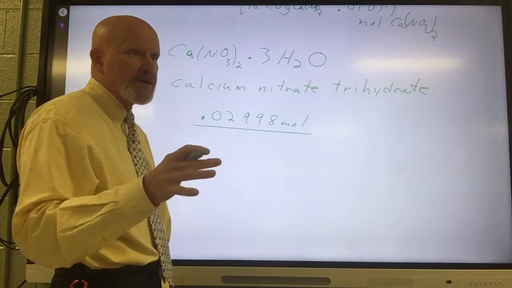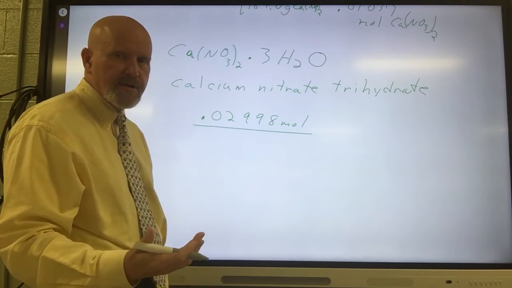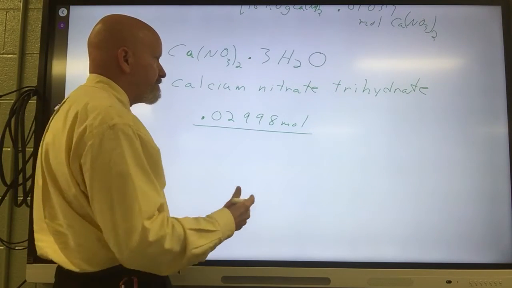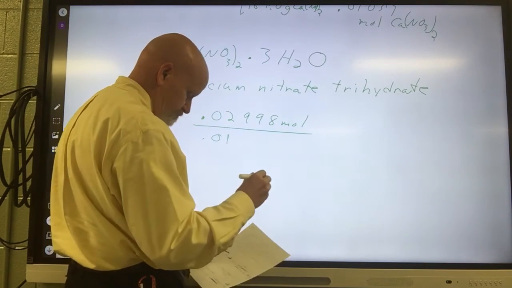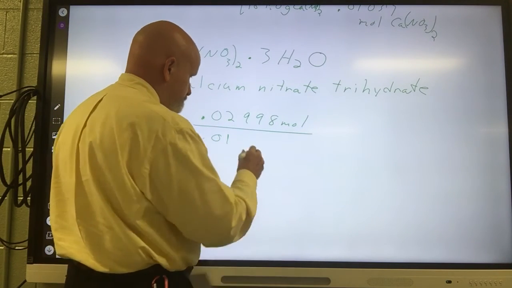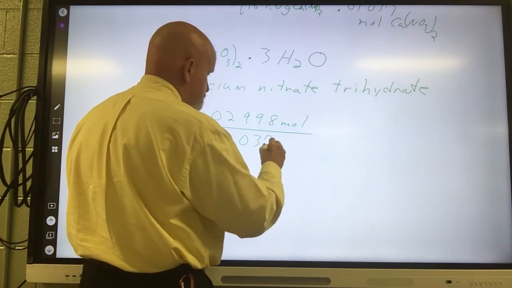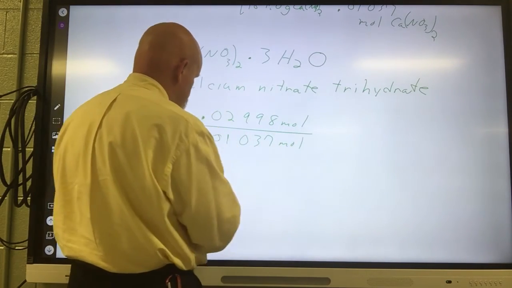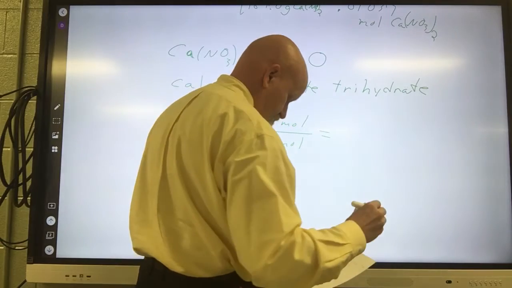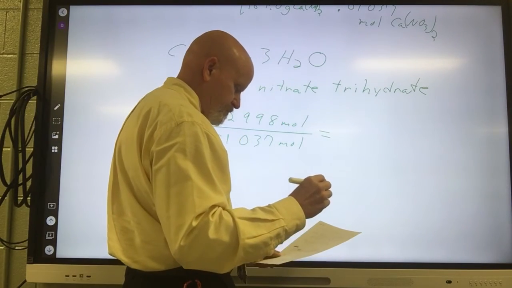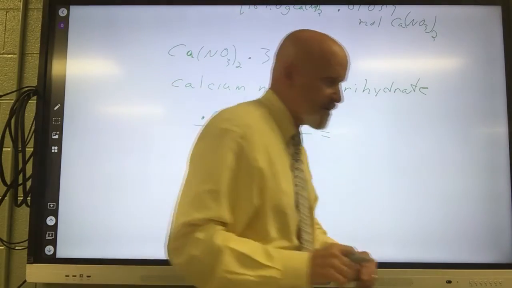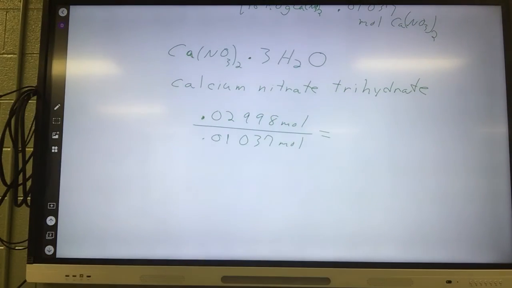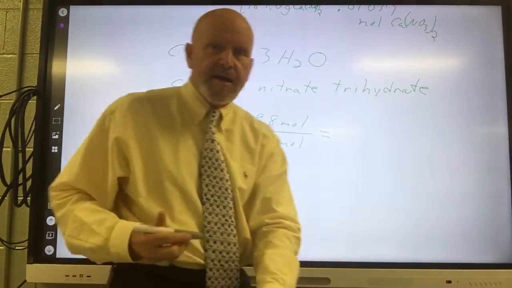You can do this for a whole bunch of things. You take the least number of moles of anything you have and divide everything by that. And this gave us about 2.891.